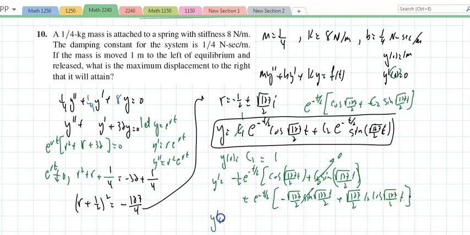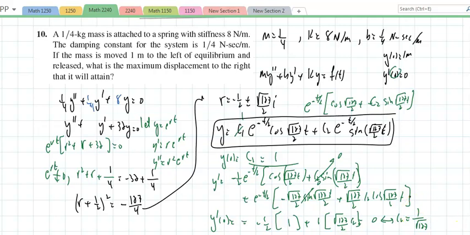And if I take y prime of 0, I will get negative 1/2 times 1 plus 1 times square root of 127 over 2 c sub 2, and that equals 0. So that's simple. Move the negative 1/2 to the right, positive 1/2, the 2's cancel out. So I'll get c sub 2 to be 1 over the square root of 127.